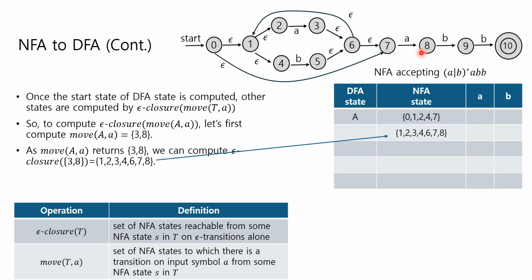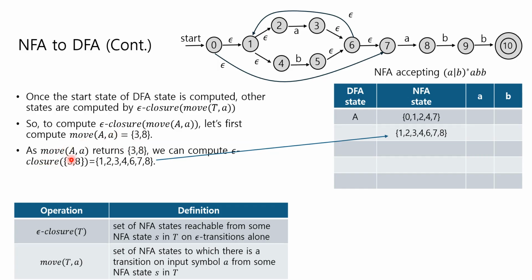If we check state 7, there's an input symbol a transition to state 8, and state 7 is in the NFA states of DFA state A, so we include state 8 in move of (A, a), which is the set {3, 8}.